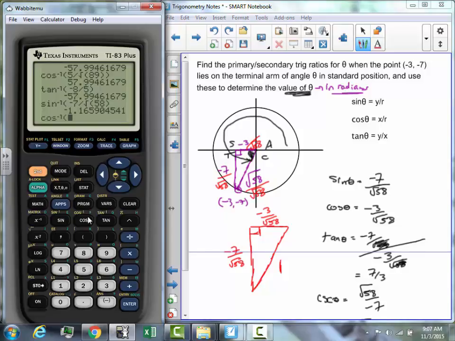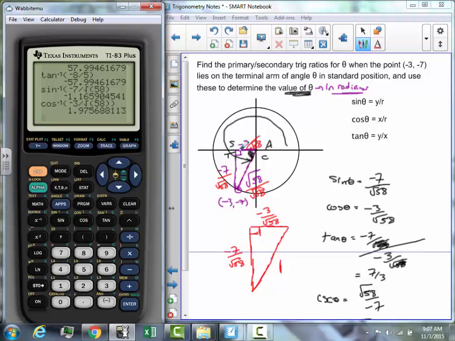Let's inverse cosine the negative 3 divided by the root of 58. That gave us 1.956. Huh. That's even worse. That doesn't help either. Well, what's happened here is, cosine is allowed to be negative in a few different places.